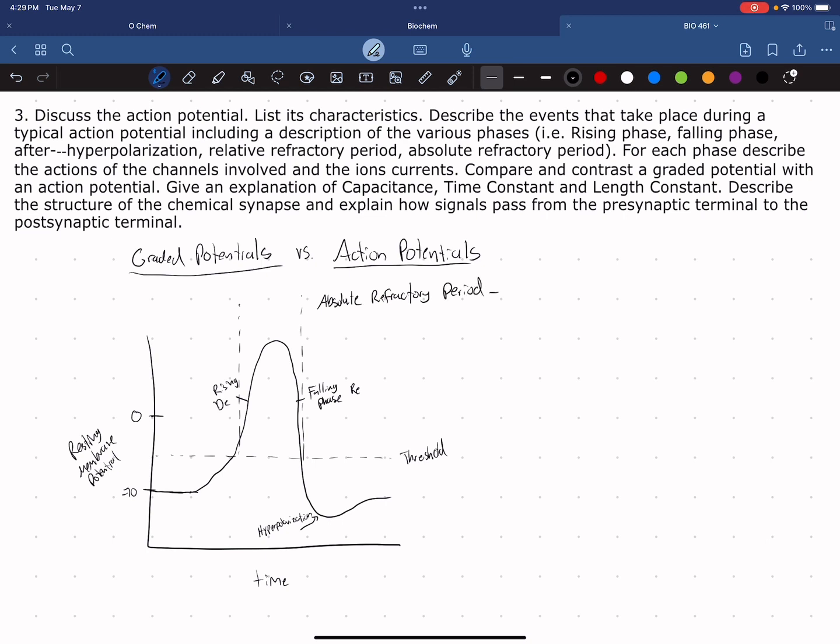And in this period, in this time of the peak of the action potential, there cannot be a second action potential that takes place during this time. And so this second period here, this part is called the relative refractory period.